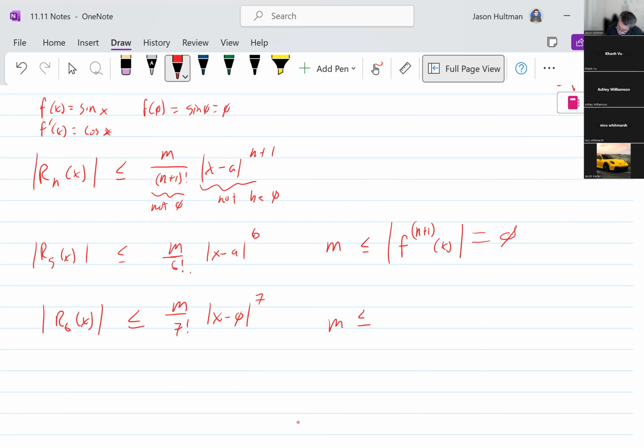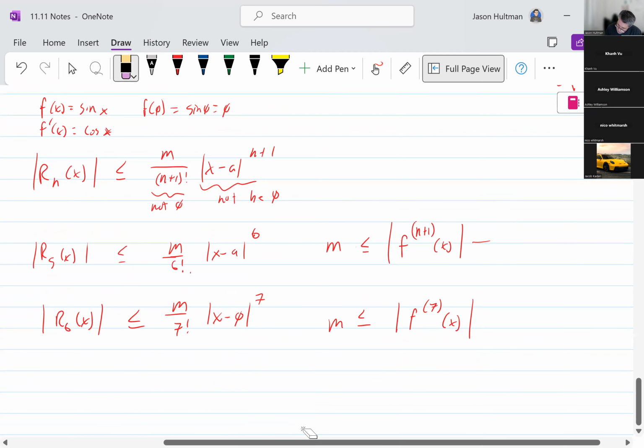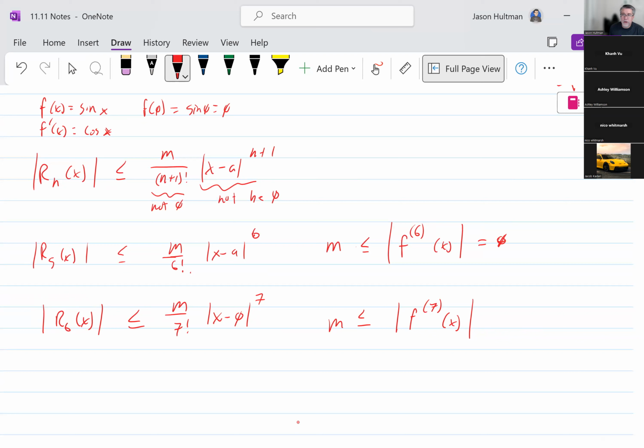Where m is less than or equal to the absolute value of the 7th derivative of f, which is not equal to 0, okay? So if it was 6, it would be equal to 0. Let me do it like this. The 6th derivative of x is equal to 0. Boom. Which I don't want it to be 0, because the error is not going to be 0. Okay, the error needs to be some value that's above 0.